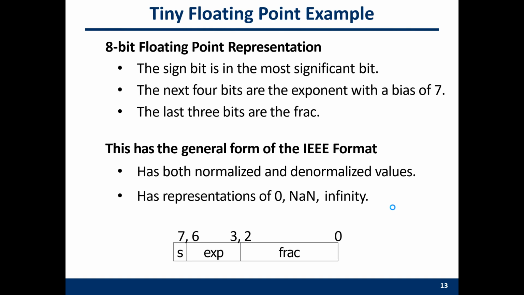Now we only discuss the common cases, so it cannot be all 1s. So the range is now from 1 to 14. And then the bias is 7, so it helps you modify this range and move the center of this range, from -6 to 7.